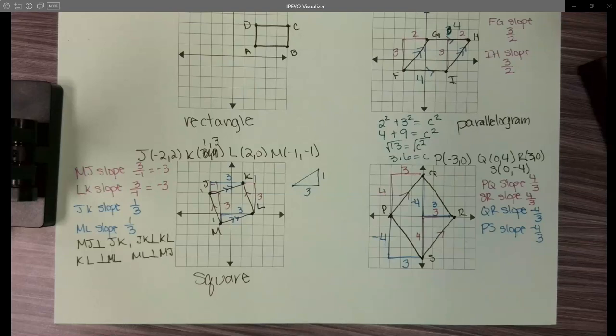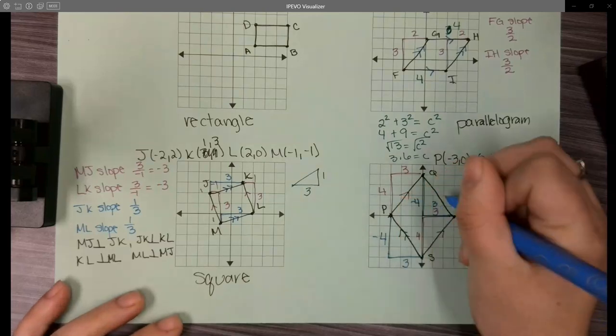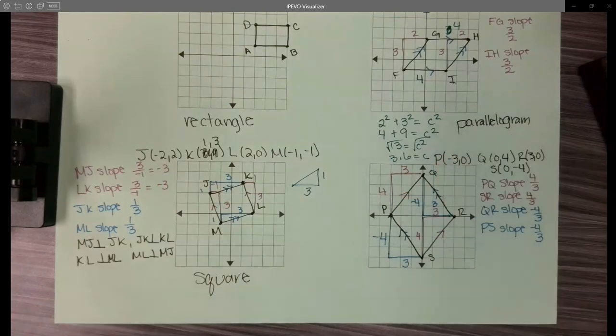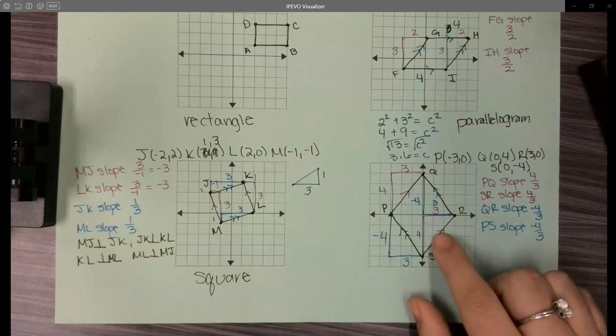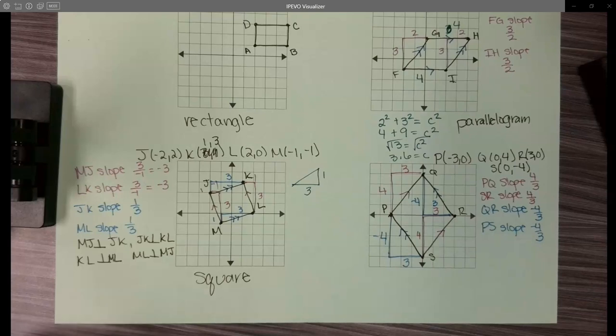Okay, so any ideas on what this one is? These two are parallel. I heard what? So I have two sets of parallel sides. Is this a rectangle? This looks like a rectangle? Okay.